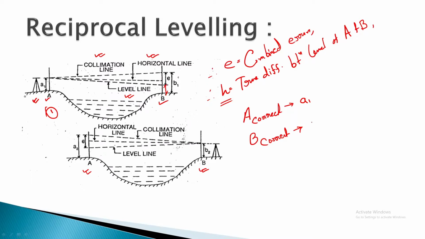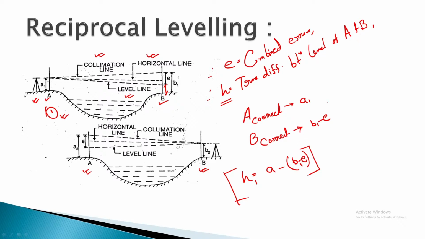So the difference between the levels of A and B, denoted by H1, is A1 minus B1 minus E. So this is the value of H1, the difference of level between A and B for case 1.